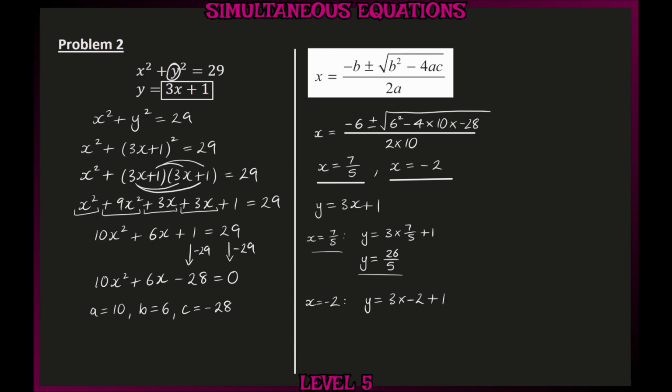And here 3 times minus 2 is minus 6, plus 1 is minus 5. So y is equal to minus 5, and this is our second pair. So our final answer to problem 2 is x equals 7 over 5, y equals 26 over 5, and x equals minus 2, y equals minus 5.